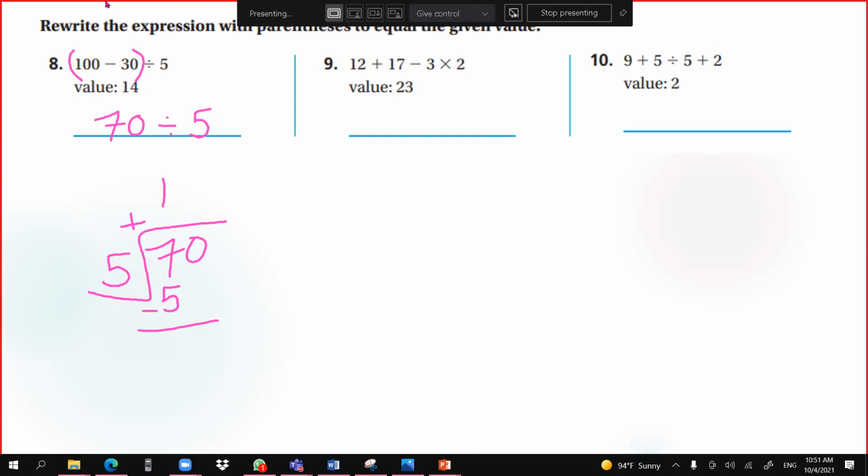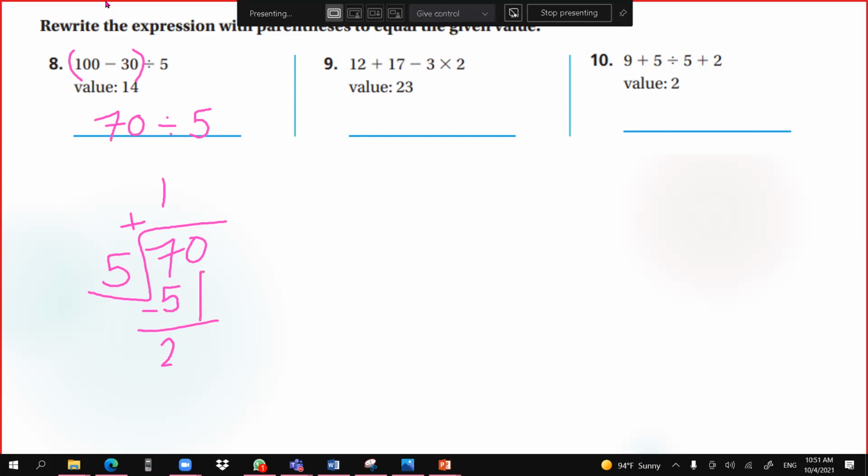Then what do you have to do next? 7 minus 5 is 2.